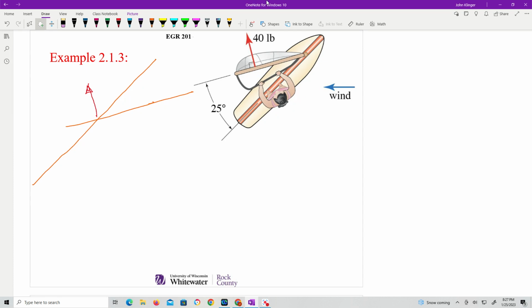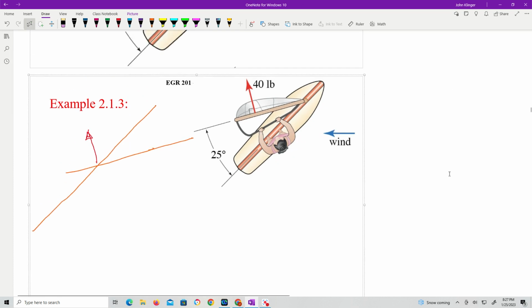Okay, now let's look at what we have. I have this angle, I know, is 25 degrees. I have this force here is 40 pounds. And this is my direction of travel.